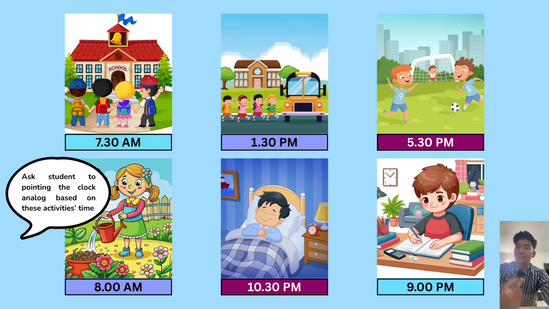So okay, students, right now it is 7:30 a.m. and you are just coming to school. So I want you to point the clock hands to 7:30 a.m. and so on, at the time, which can be used as an exercise for the students.